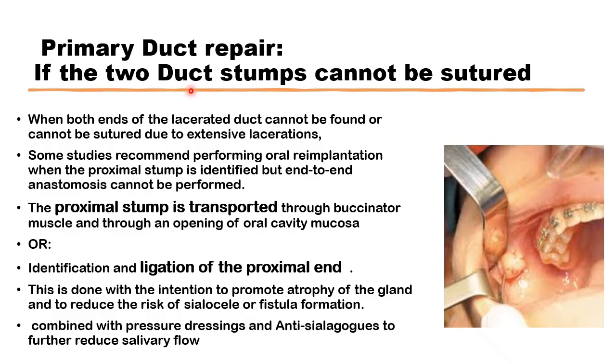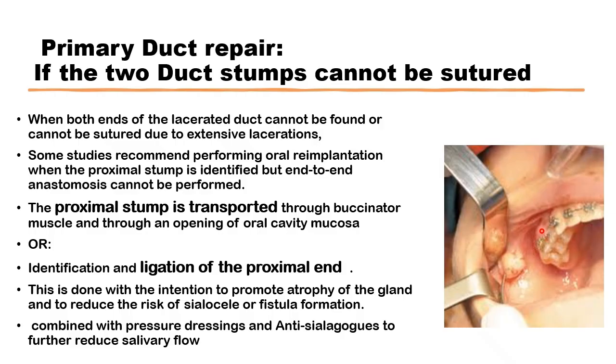The other option, if the 2 duct stumps cannot be sutured together, particularly in site C type of injuries, is to try to re-implant the proximal end, the parotid end of the parotid duct, into the oral cavity, through a small opening in the mucosa posterior to the natural parotid papilla, if there is enough length in the proximal part to reach the oral cavity.